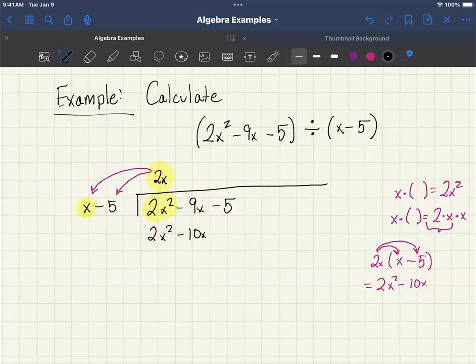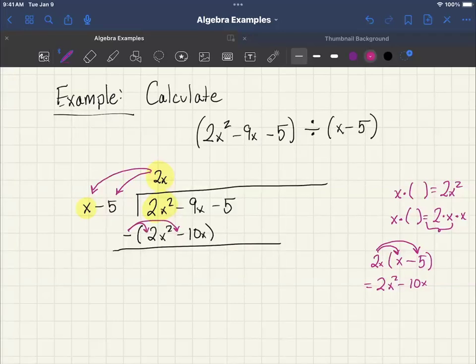And we're going to do our subtraction here. Now, this is the part that gets a lot of students stumped or a little bit off, is that when we are subtracting, we are subtracting that whole polynomial that we just put in there, that whole 2x squared minus 10x, which means that negative sign has to distribute, right?